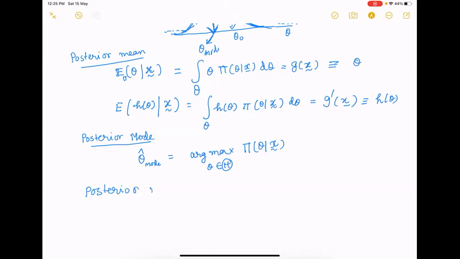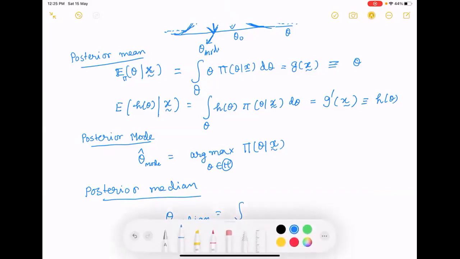So in one shot, I give you three estimators. Basically, you have to solve this.